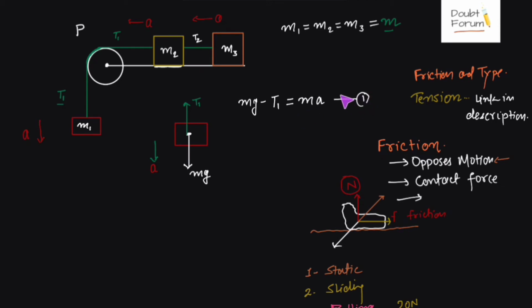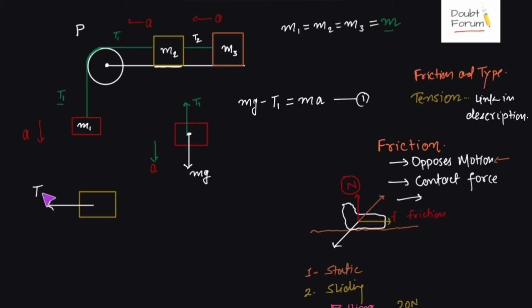Now we draw the free body diagram for this M2 block. So this is M2. Let us see what are the forces acting on this block. This is connected with this string. So the string would be pulling this block with a force equal to the tension on the string. So on the left side there would be T1 force acting on this block.